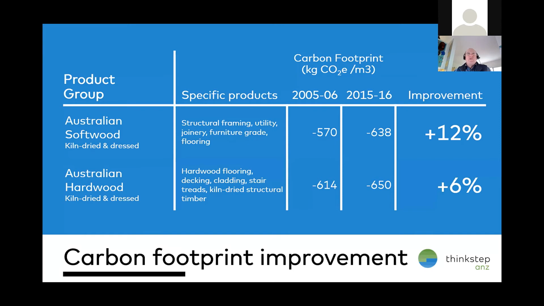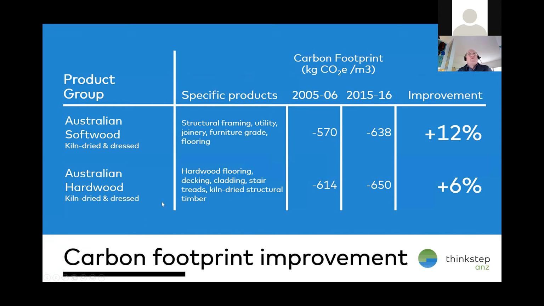We've actually measured this over the last 10-year period. When we did the EPDs, updated them in 2015-16, we found a massive 12% reduction in the carbon footprint of manufactured Australian softwood. There was a 6% improvement in the global carbon footprint of Australian hardwood over a similar period.